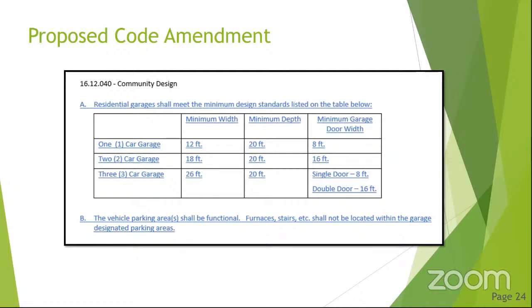Yeah, and that if there are furnaces or stairs, then they would need to make it either deeper or wider, correct? Correct. I agree to define that parking area, make sure that's very clear. Okay, we could definitely tweak the language so that it is clear.